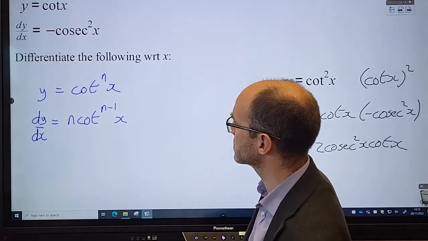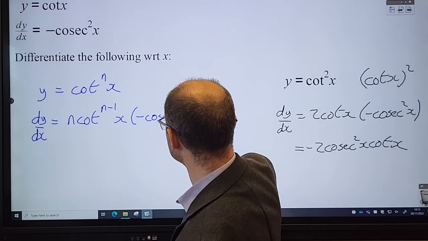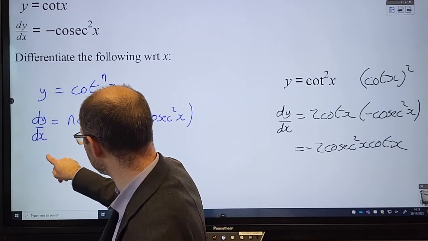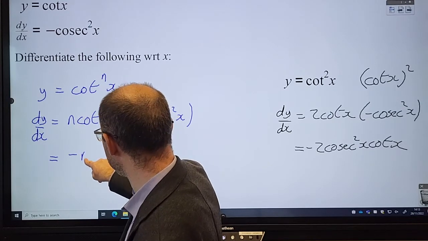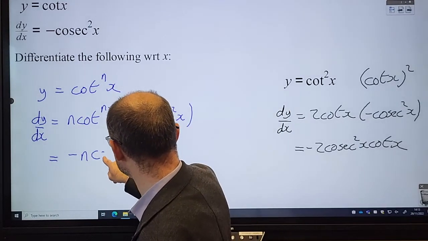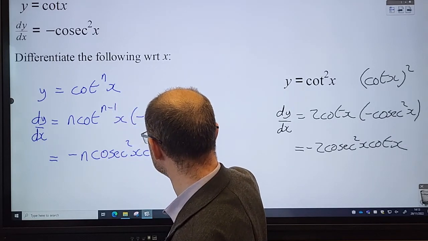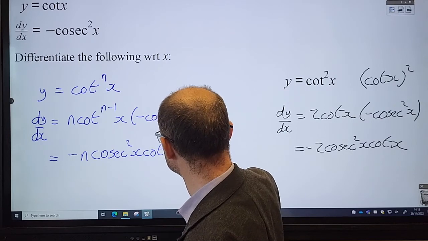Derivative of cot x is negative cosec squared x, and then just write it in a better way. So it's going to be negative n, how do I write this? Cosec squared x cot to the power of n minus 1 x.